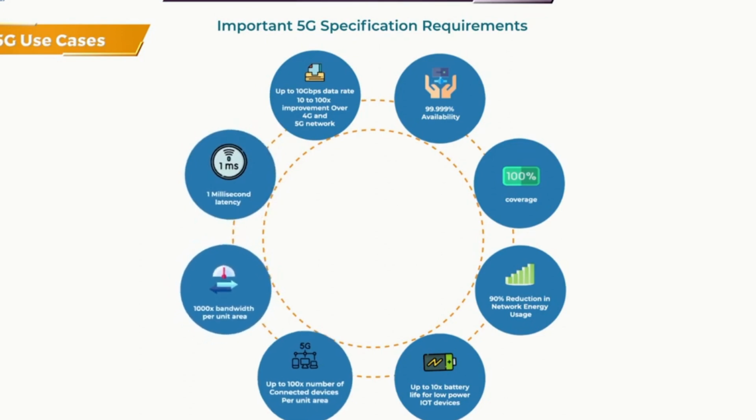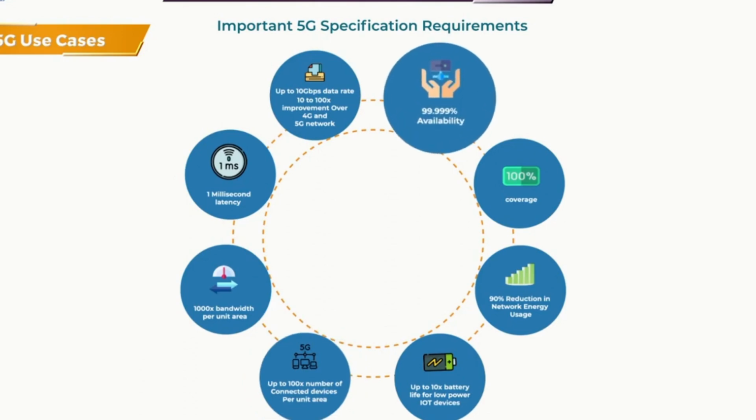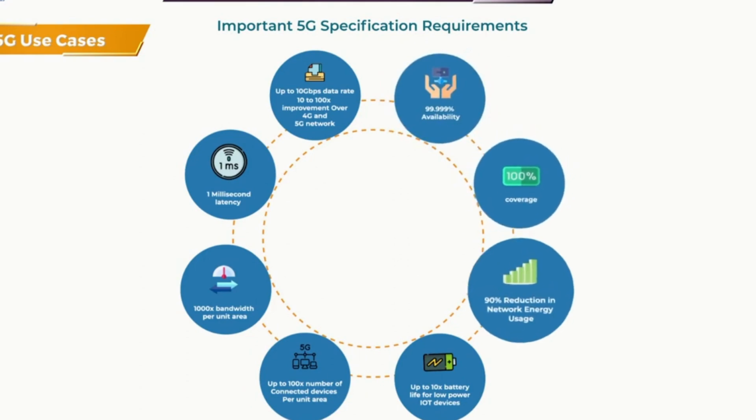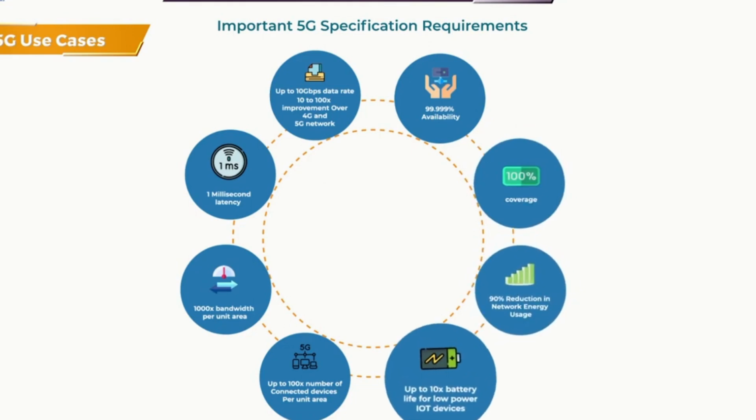Fourth, up to 100 times the number of connected devices per unit area compared with 4G LTE. Fifth, 99.999% availability. Sixth, 100% coverage. Seventh, 90% reduction in network energy usage. Eighth, up to 10-year battery life for low-power IoT devices.